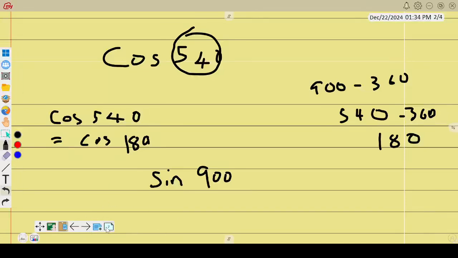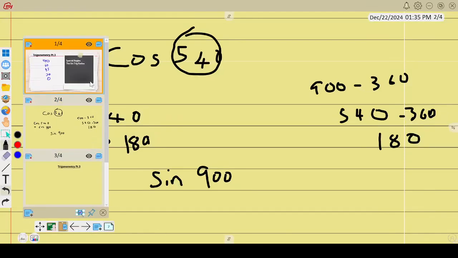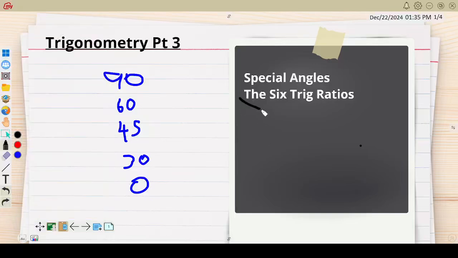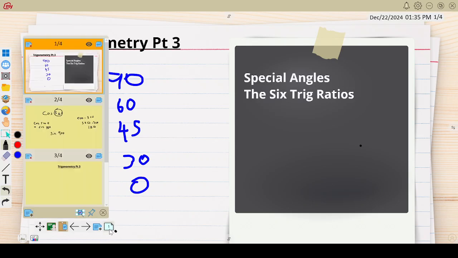So we are done with that part for the special angles. So now we can quickly discuss the trig ratios. Okay, so that's where we're going now.